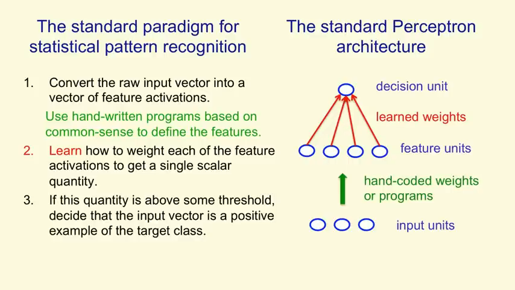They might be converted by things that look a bit like neurons, but that stage of the system does not learn. Once you've got the activities of the features, you then learn some weights, so that you can take the feature activities times the weights and decide whether or not it's an example of the class you're interested in by seeing whether that sum is greater than a threshold.